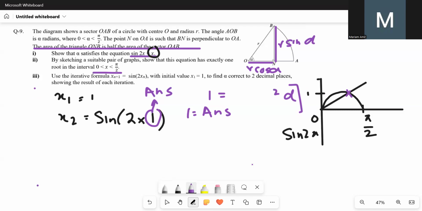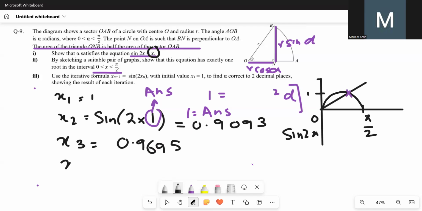Now sine 2 times answer gives 0.909. So x2 is 0.9093. They did not ask for any particular level of accuracy for every iteration, so we're going to stick to 4 decimal places. For x3, you just press equals in the calculator. It gives you the value of the next iteration.